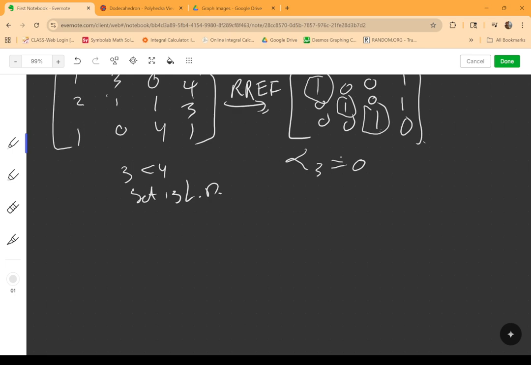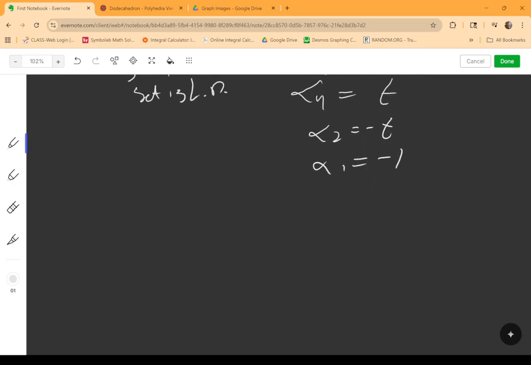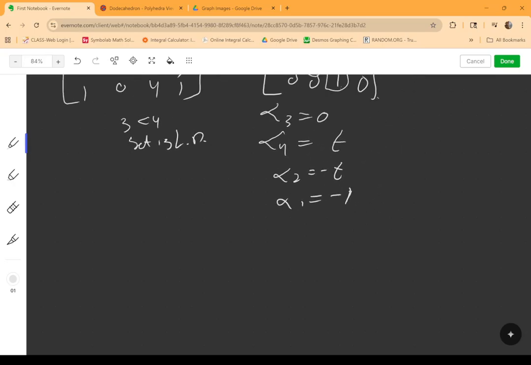Alpha 4 is a free variable, we'll just call it t. Alpha 2 is negative t, alpha 1 is negative t. Going back to our linear combination, we'll let t be 1, so we get negative v1 minus v2 plus 0 v3 plus 1 v4 equals the 0 vector.